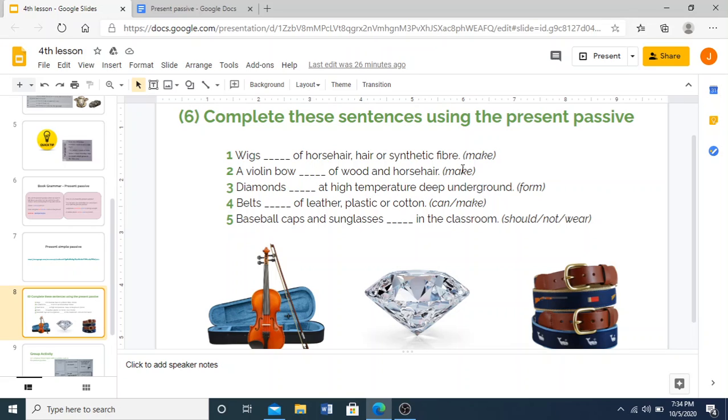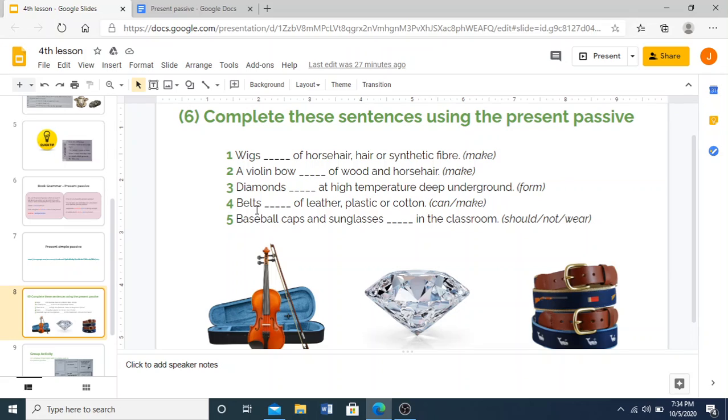Here also, I think we'll do the same thing. A violin bow is, because this is singular, a violin bow is made. A violin bow is made of wood and horsehair. Diamonds are formed. Diamonds are formed at high temperature deep underground.